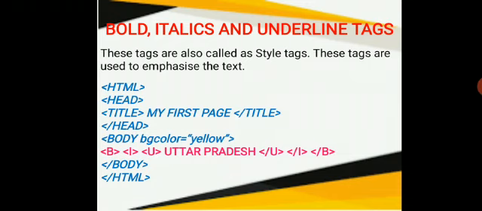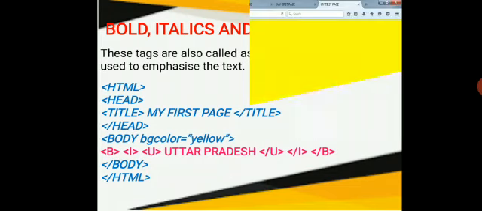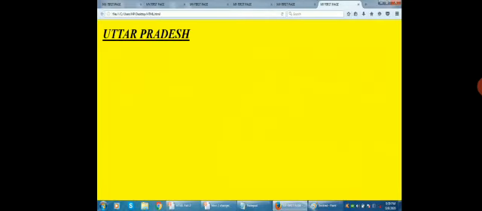So, I have used these tags in a sequence and at the time of closing, I am closing them in the reverse order to avoid the overlapping of the tags. Let's see the output. Uttar Pradesh is bold, italics and underlined.